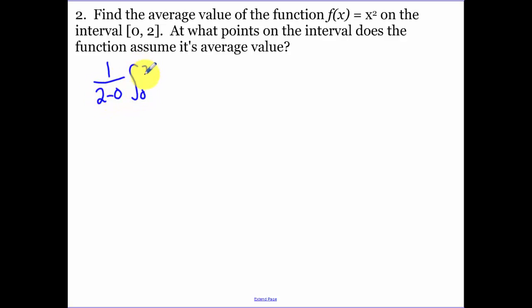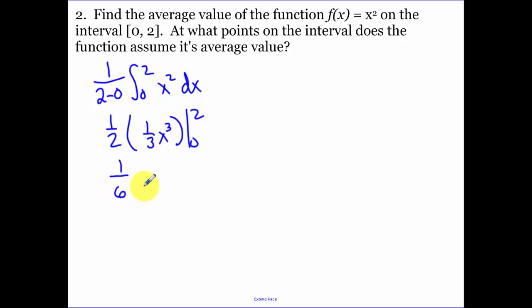Okay, so average value formula. Integral from 0 to 2 of our function. Don't forget your dx. So we have 1/2 times 1/3 x to the third, evaluated from 0 to 2. So I have really 1/6 times 2 to the third minus 2 to the 0. So that's going to be equal to 4/3.